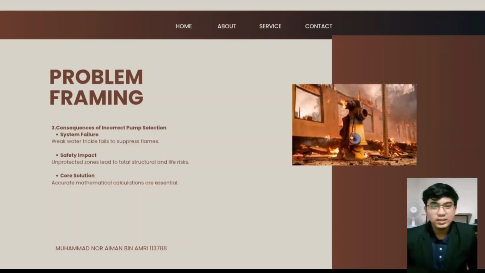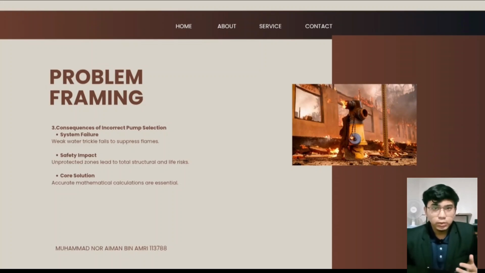For point 3, which is the consequences of incorrect pump selection. If we select the wrong pump that fails to match our required flow rate and head, the consequences are devastating. Under insufficient pressure, the system will experience a severe operating drop. Instead of discharging a high-velocity fire suppression spray, the nozzle will only produce a weak water trickle.